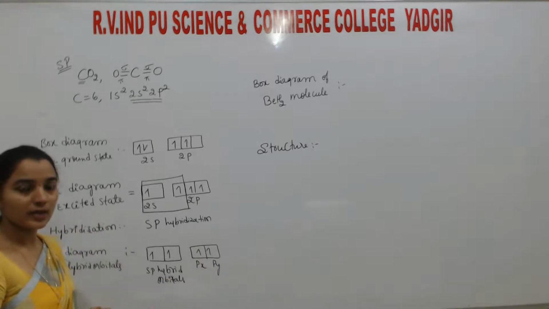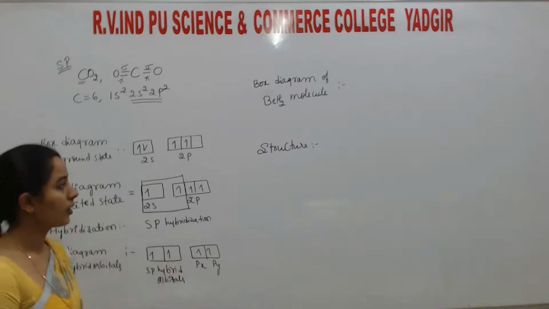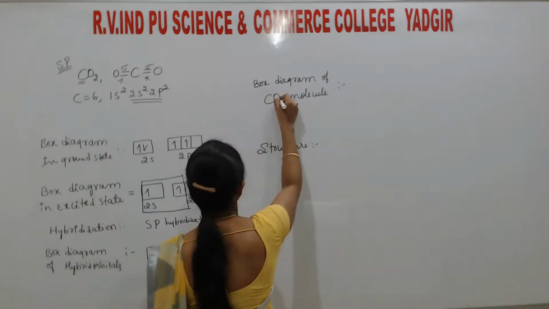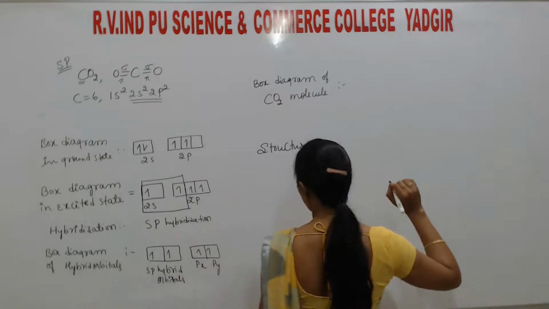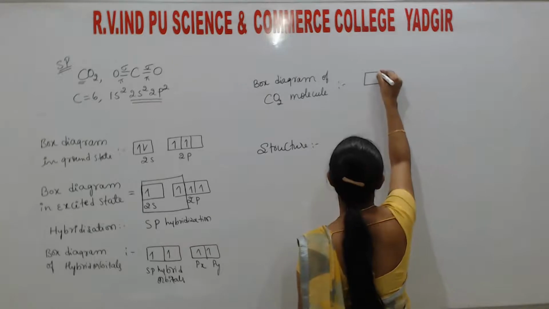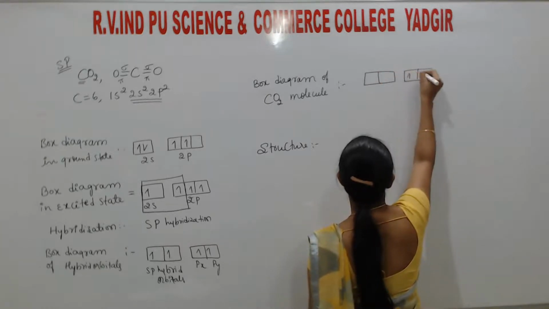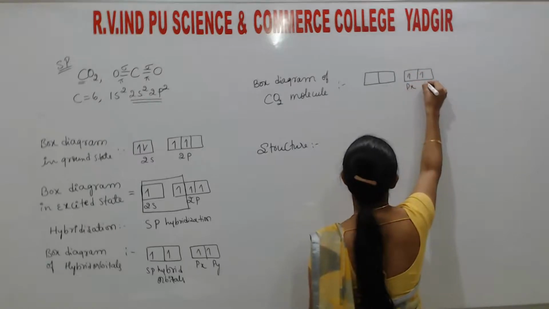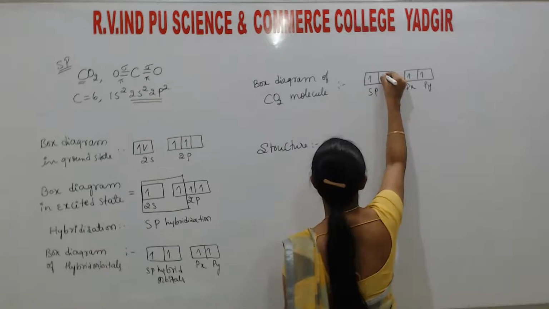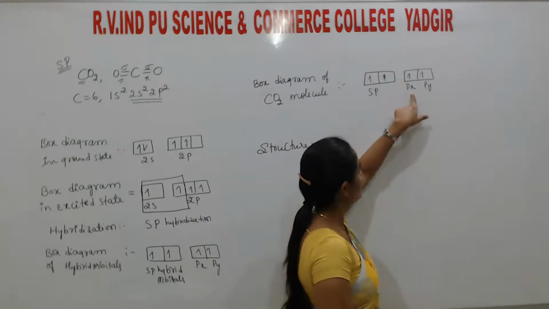Z is taken as the main axis. Next is the box diagram for the CO2 molecule. This is the hybrid structure: this is sp, this is px, py.